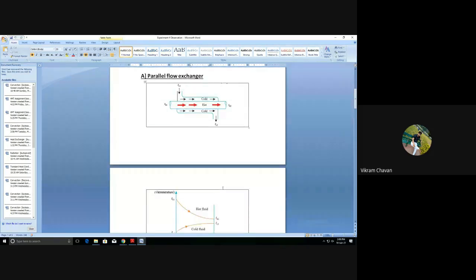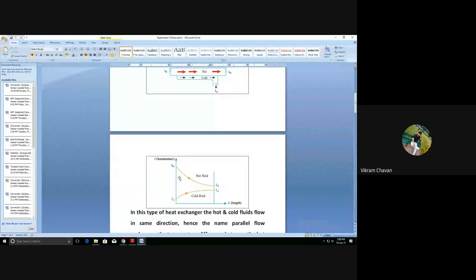If you draw the temperature profile diagram, you can see that both the fluid temperatures are changing in the positive x direction, where the hot fluid temperature is decreasing and the cold fluid temperature is increasing in the positive x direction.